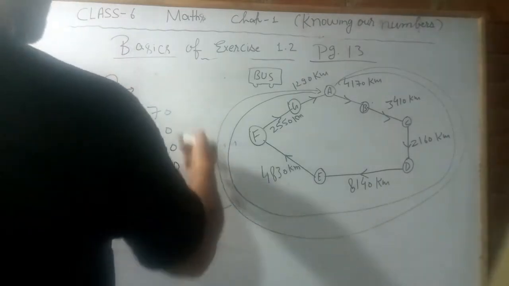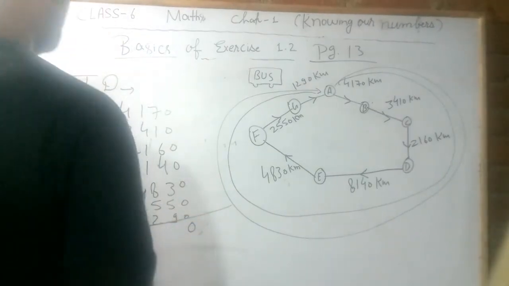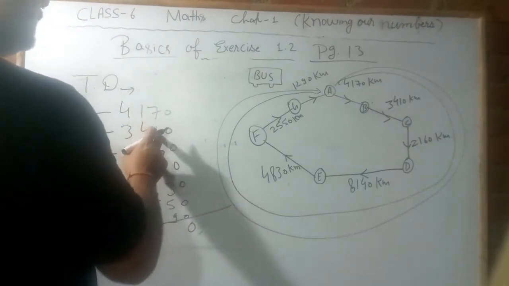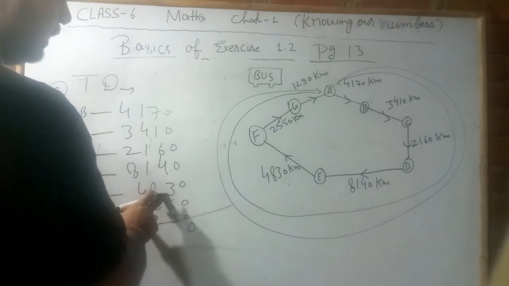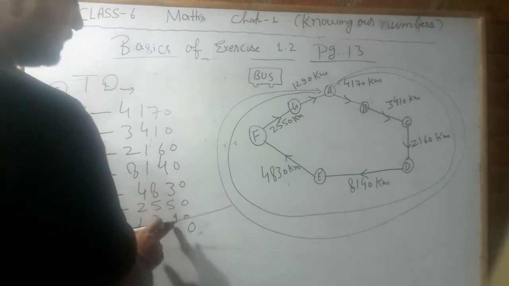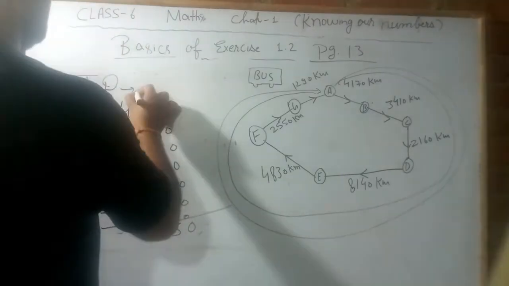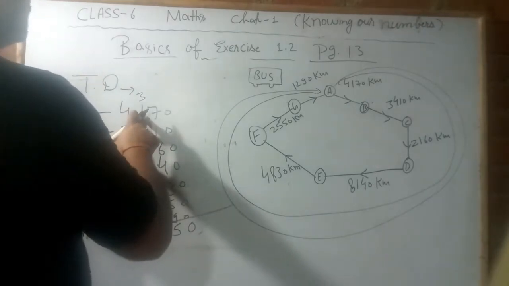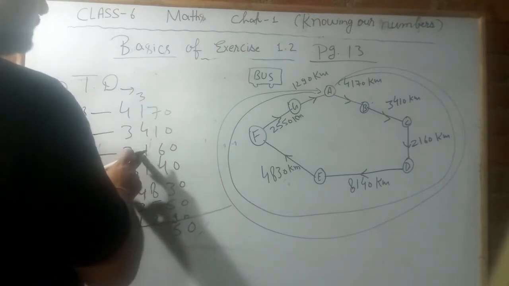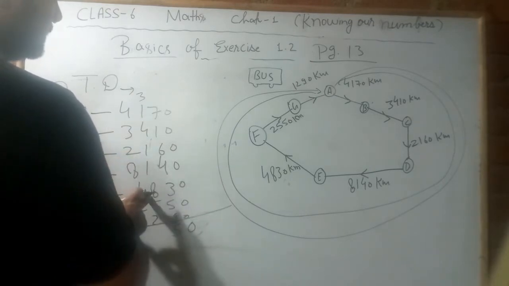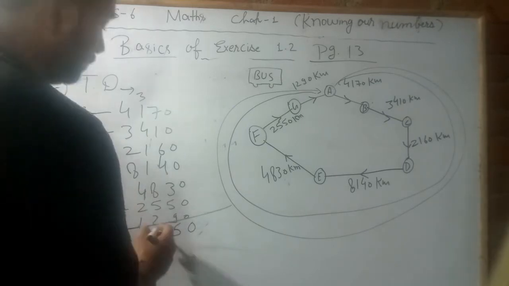Clear? 0 plus 0 plus 0, 0 will come in all cases. Now 7 plus 1, 8. 8 plus 6, 14. 14 plus 4, 18. 18 plus 3, 21. 21 plus 5, 26. 26 plus 9, 35. Now 3 is carry. 3 plus 1, 4. 4 plus 4, 8. 8 plus 1, 9. 9 plus 1, 10. 10 plus 8, 18. 18 plus 5, 23. 23 plus 2, 25.